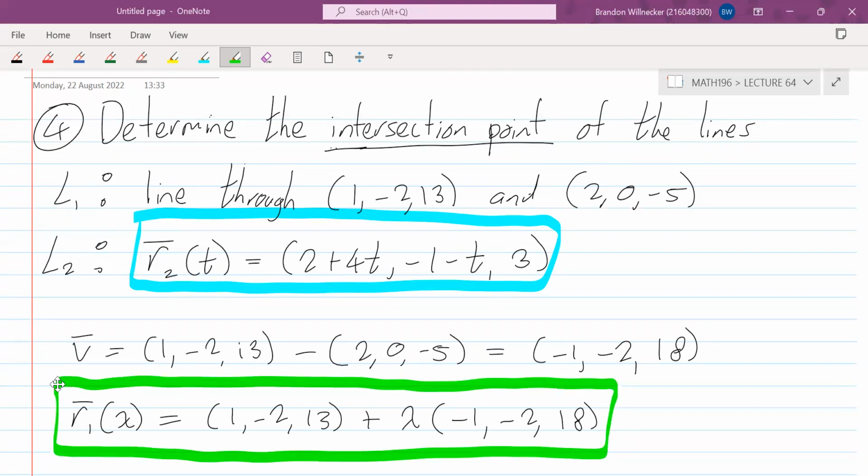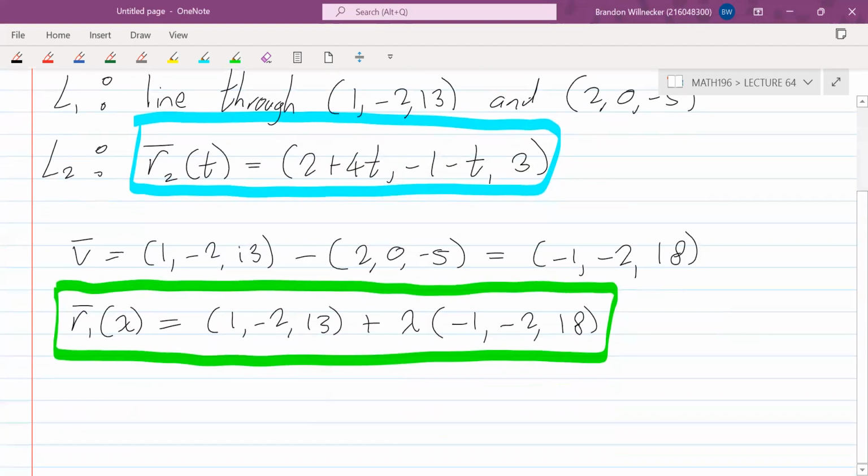What we want to do is make these two equal, because that means they are intersecting. So when R1 is equal to R2, we know that there's an intersection point there. So we want R1 of lambda to be equal to R2 of t. Again, lambda goes with line 1, t goes with line 2.